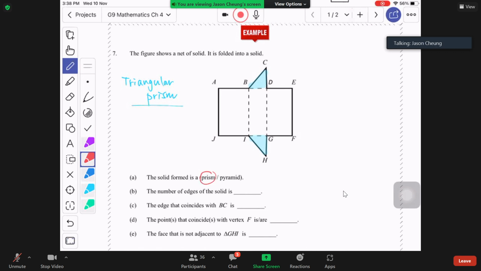All right, so here, what is the... let me show you the net. Wait a second.